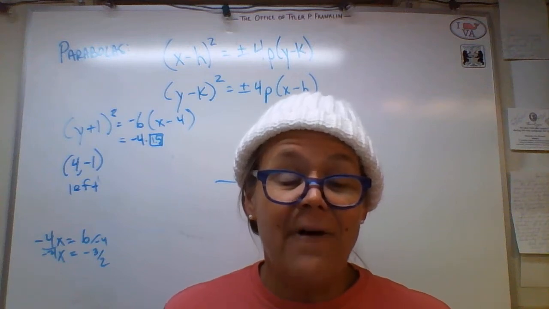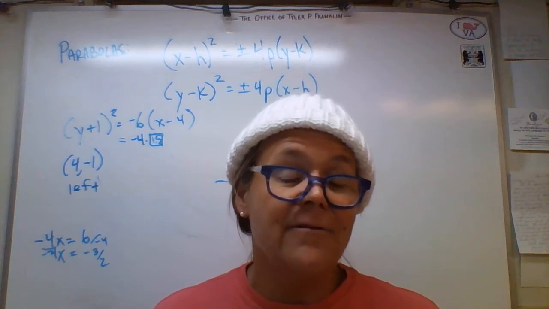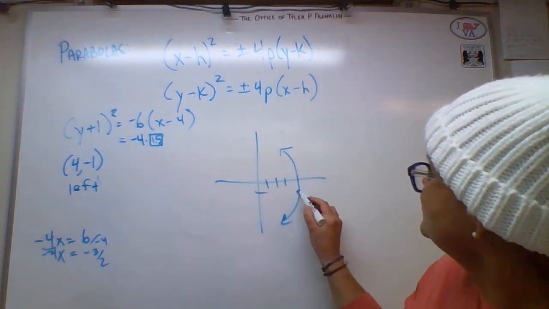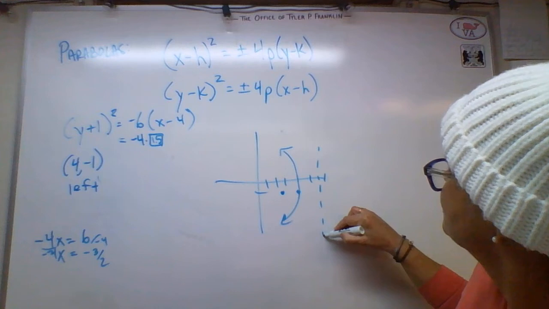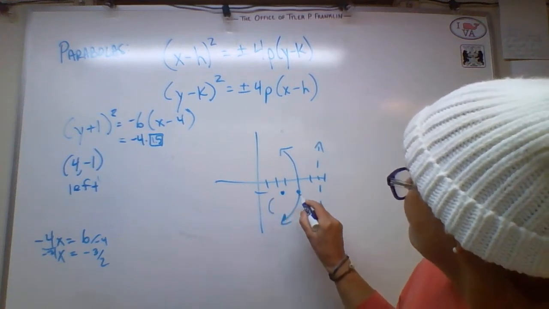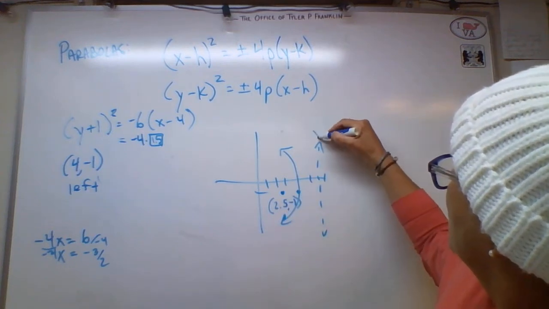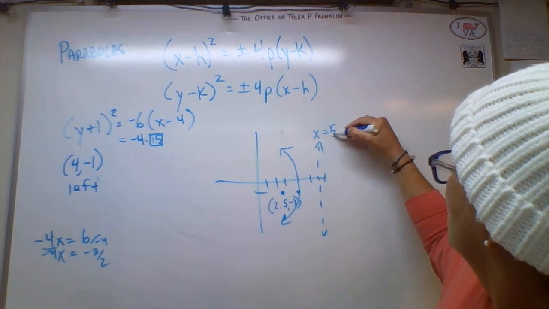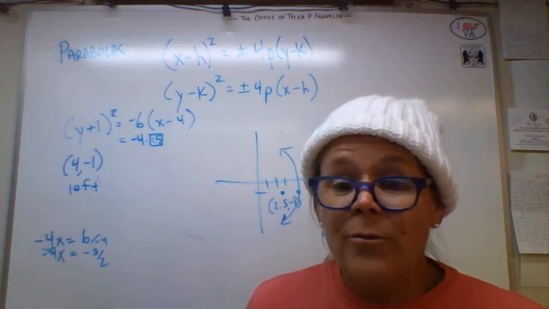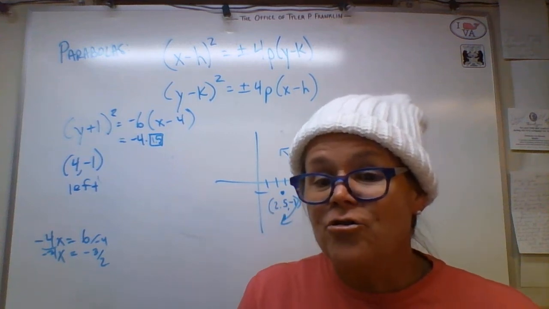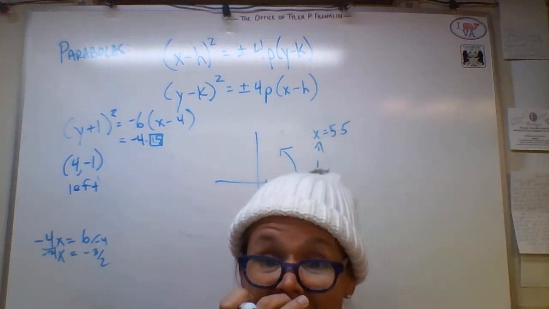You're going to go 1.5 inside, 1.5 outside, away from the vertex. So your focus point would be 2.5, negative 1. Your directrix would be x equals 5.5.